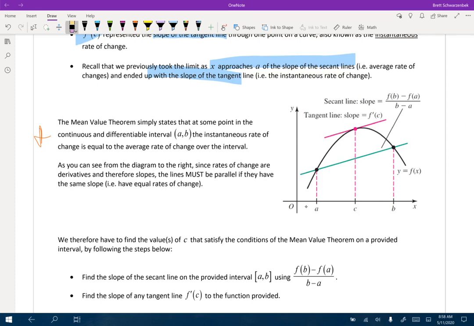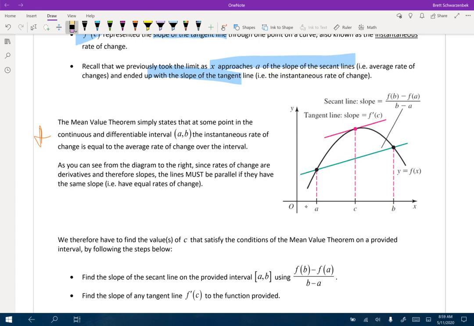But let's talk about speeds. You guys remember the trip down the parkway at the beginning of the semester, which wasn't too long ago given this is summer. If you remember that problem, there were two types of speeds. There was the average velocity, which was your average velocity all the way up and down the parkway between the two stops. But there's also instantaneous velocity, which is at any one moment, what was your speed by looking at the speedometer. So what is this theorem basically saying?